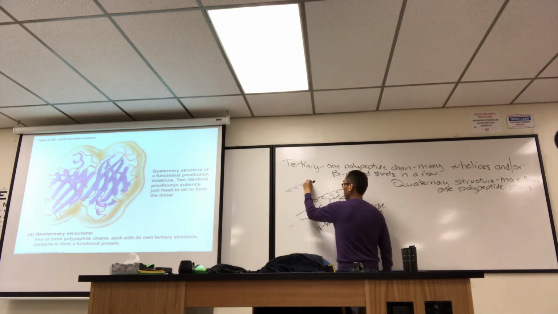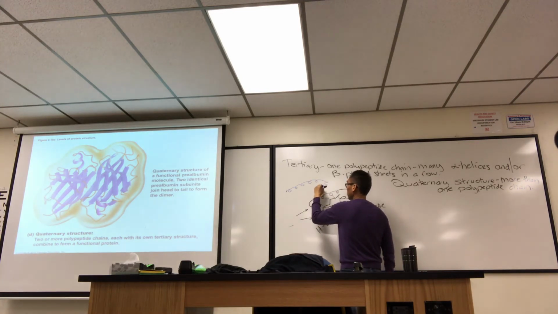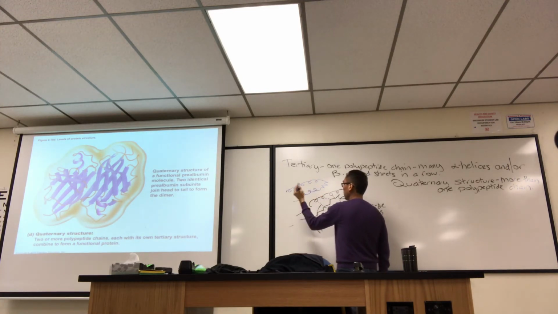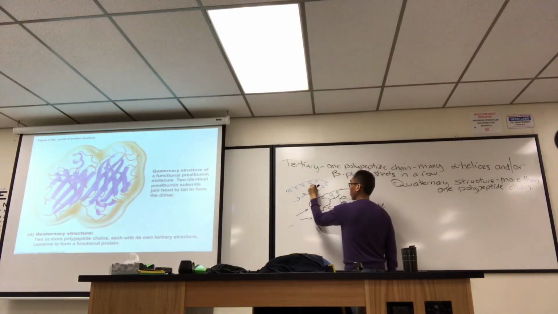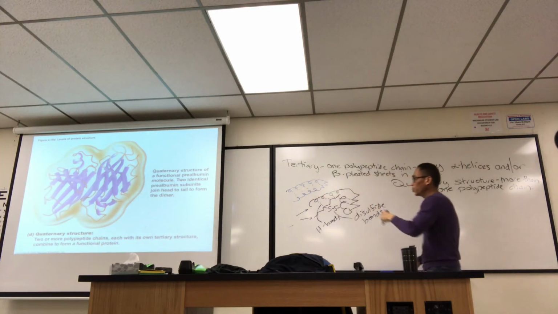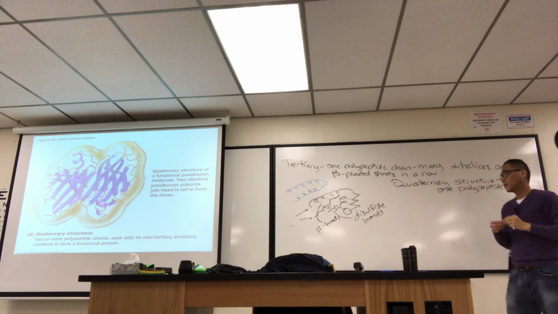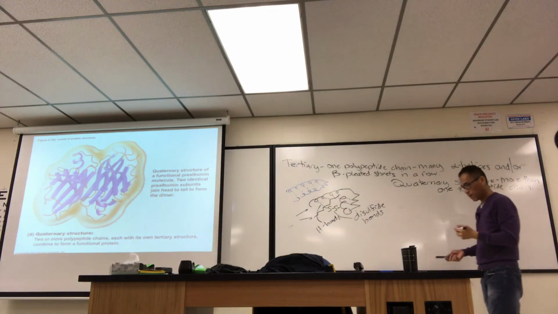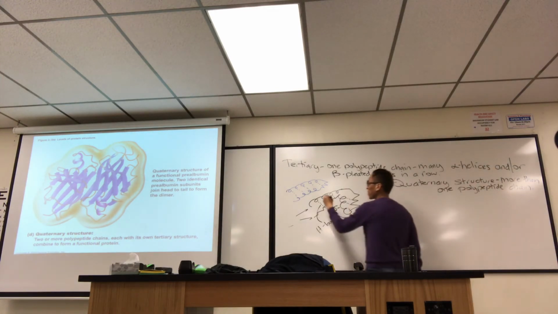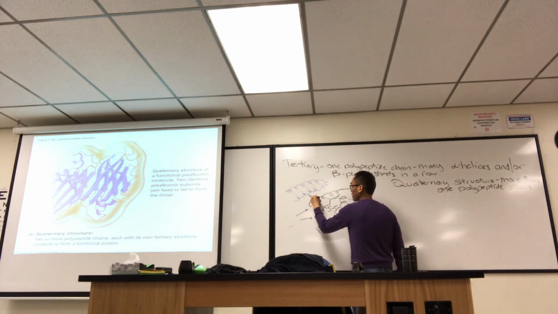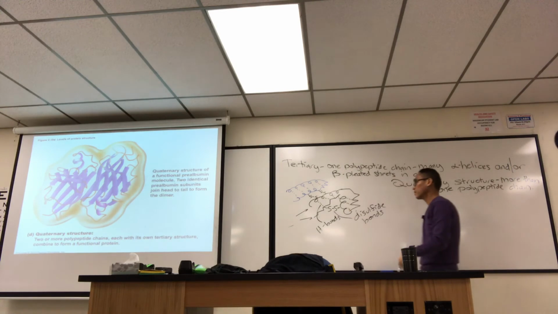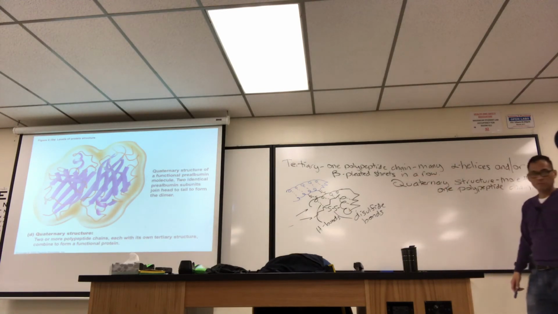Now draw another helix. I don't want to keep drawing forever, but just as an example, maybe that blue polypeptide chain is bound to the black one with a disulfide bond. Something like that.